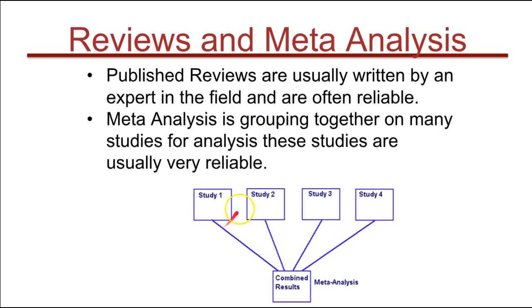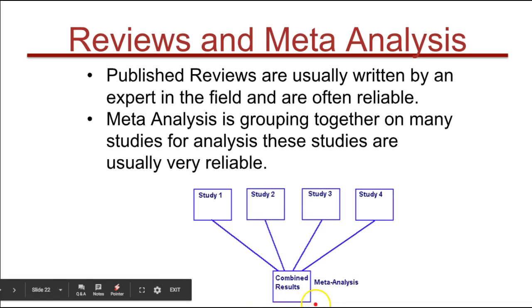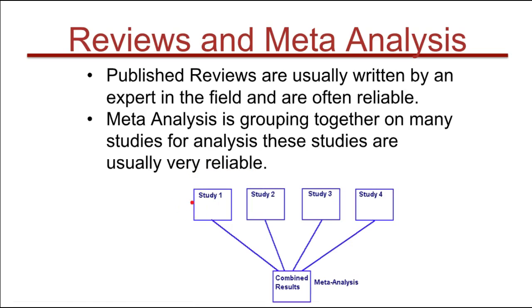Meta-analysis groups together studies, as I'm showing here, study 1, study 2, study 3, study 4, groups those together to form combined results, and a meta-analysis of those results is produced in one single paper, because it's taking a large number of papers, a large number of publications, and putting all of that information together. Typically, meta-analyses are very reliable, and you should trust them most of the time.